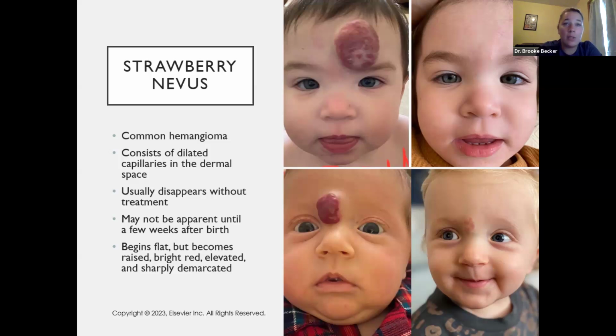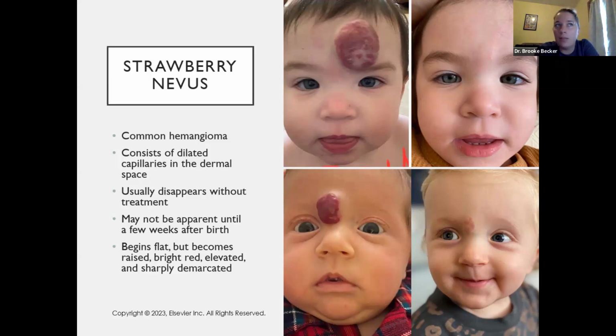Sometimes kids with hemangiomas can have some bleeding or clotting dysregulation, so a good thing is to send them to hematology, or a lot of times they'll have a hematologist that has looked at their blood work. Essentially, it's a bunch of dilated capillaries in the dermal space.